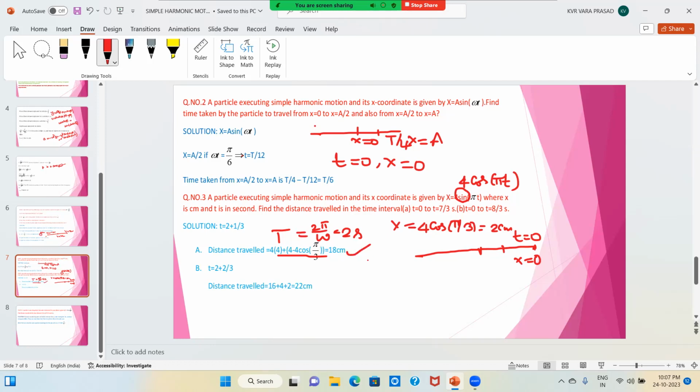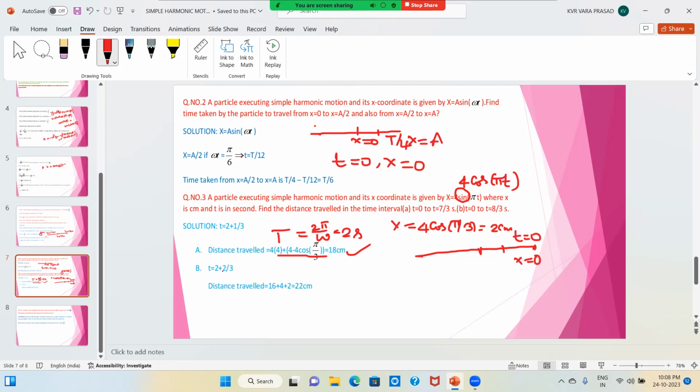Okay, and now see carefully here. The next given time interval is 0 to 8 by 3 seconds. That 8 by 3 is written as 2 plus 2 by 3. So in the first 2 seconds it completes one oscillation. Therefore distance traveled is 4 into 4, 16.